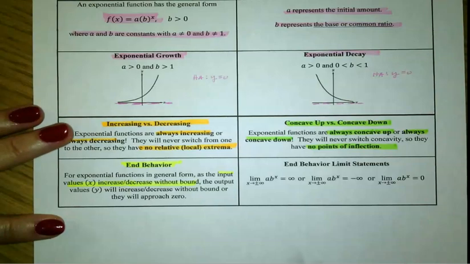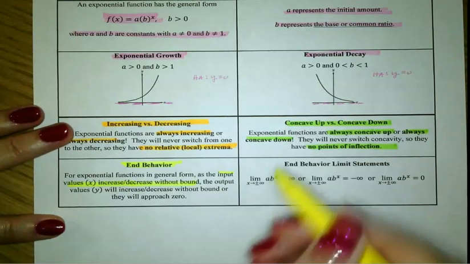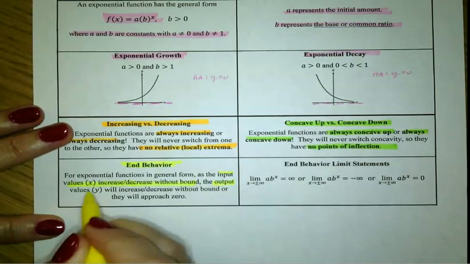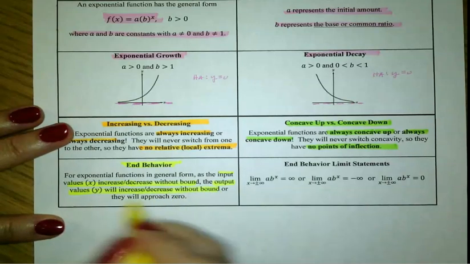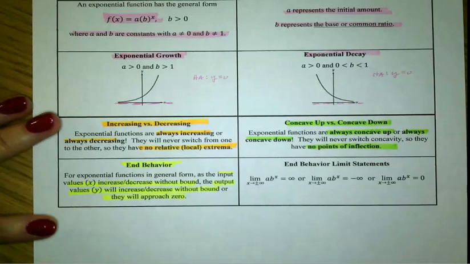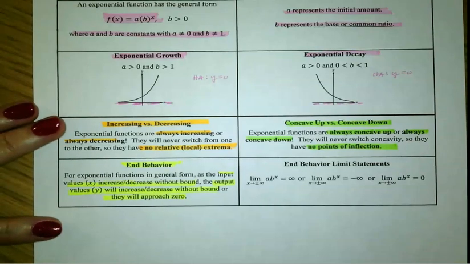So that's what the input values are doing. As the input values are doing that, the output values or the y values will increase or decrease without bound, or they might approach zero. So those end behaviors, because of the nature of the function, are either going to increase or decrease without bound, or they're going to approach zero.